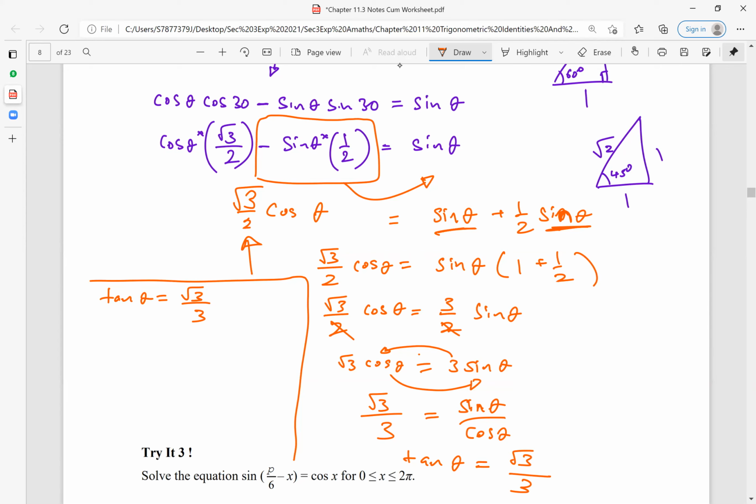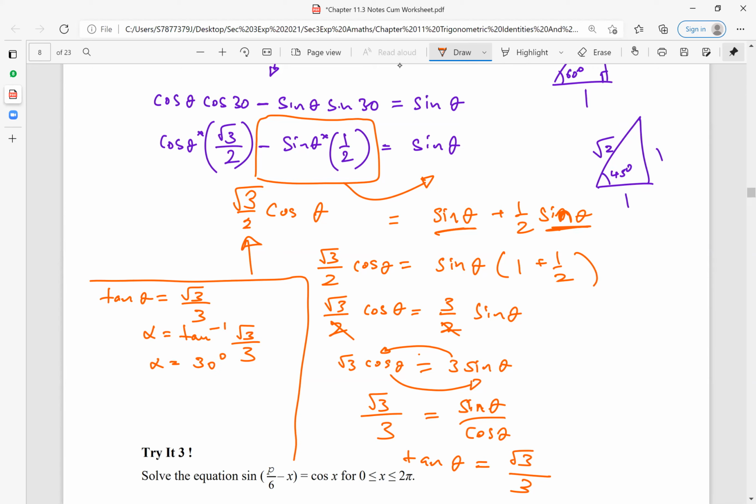Must always find your basic angle, right? So basic angle is tangent inverse square root 3 over 3. What do you get? You should get 30 degrees, right?